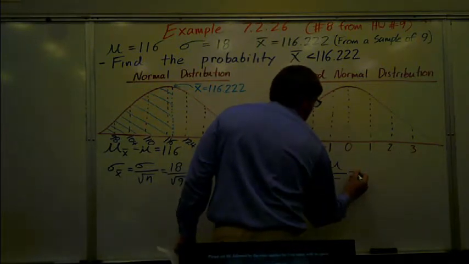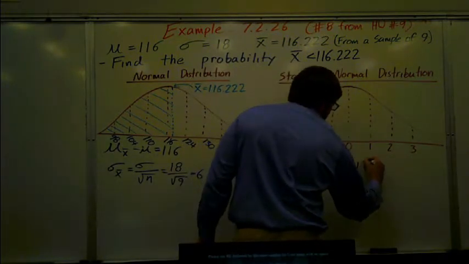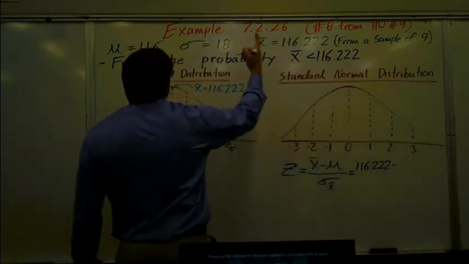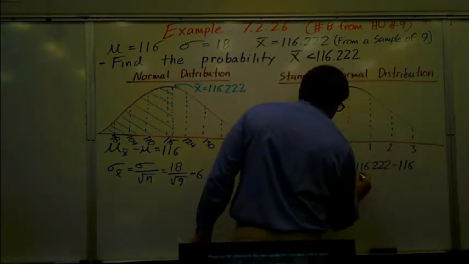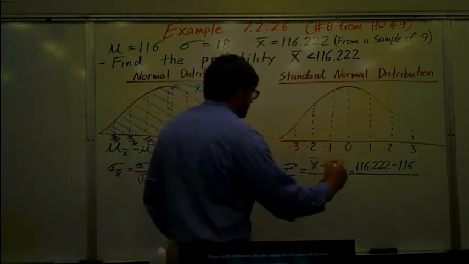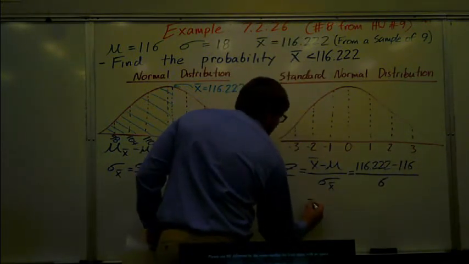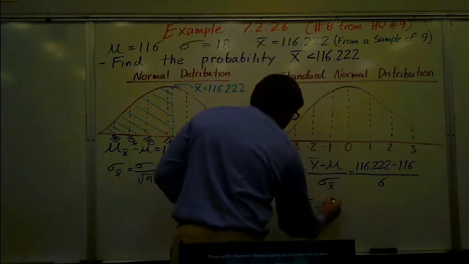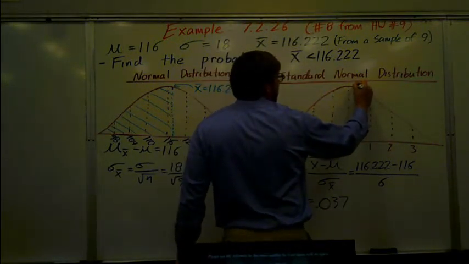So go ahead and plug in our values. Our x bar value is 116.222. Subtract out our mean of 116. And that's all divided by the standard deviation of the sample means, in this case 6. And we end up getting a z value of 0.037. So of course that would go somewhere about right here.